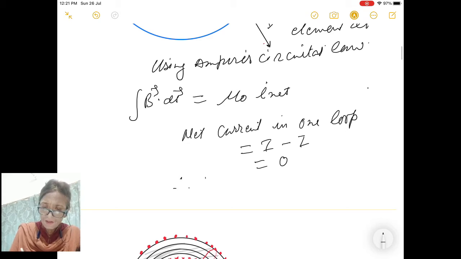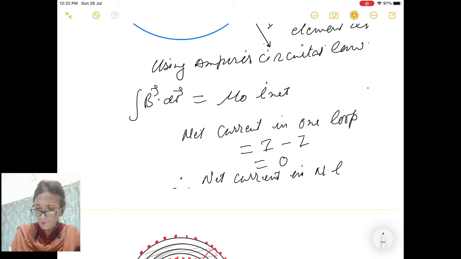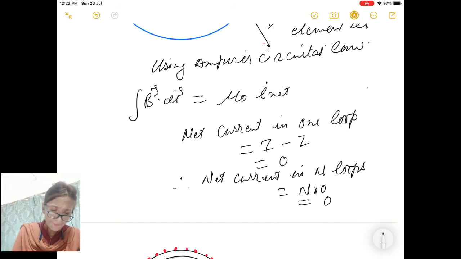Therefore, the net current in N loops is equal to N into 0. This also is equal to 0 only.